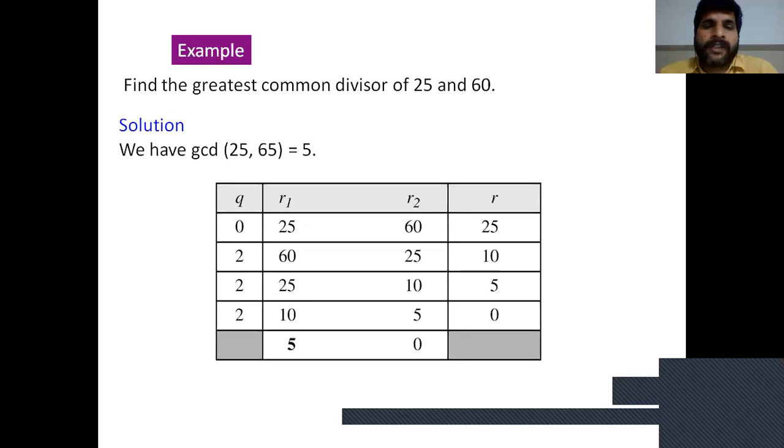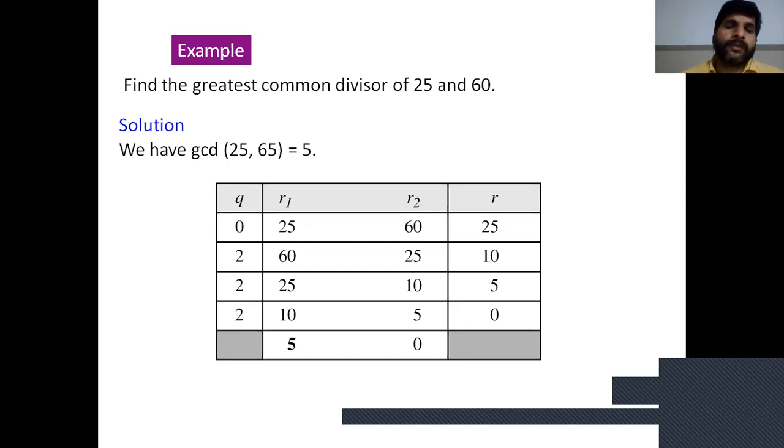Now 60 divided by 25: 25 times 2 is 50, so the remainder is 10. 25 is stored in the R1 place, and the R value 10 is stored in the R2 place.